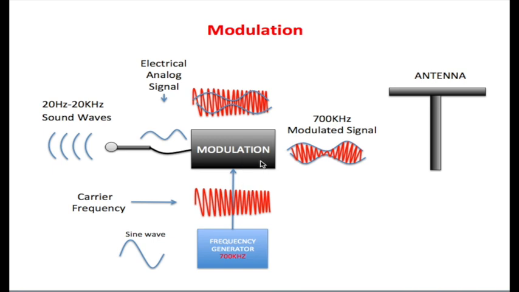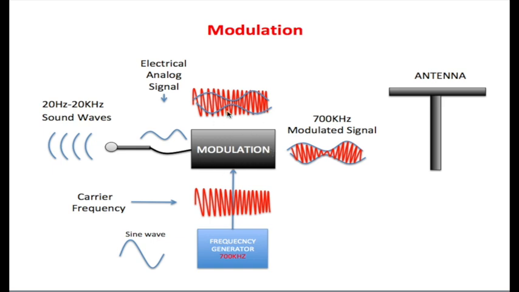Now there are many different types of modulation. There's AM, which stands for amplitude modulation, FM, which stands for frequency modulation, and PM, which stands for phase modulation. Now today we're going to be using AM, amplitude modulation, in our example. Now what I have here is the modulation process that occurs within a modulator.